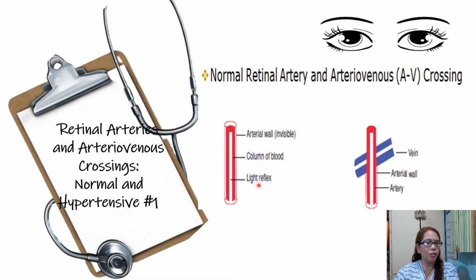The normal light reflex is narrow because the arterial wall is transparent. The vein crossing beneath the artery can be seen right up to the column of the blood on either side. So, nandito yung vein. Nakikita natin siya dyan. Reflection. This is for the normal patient.